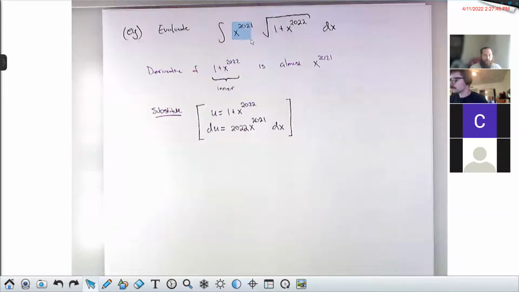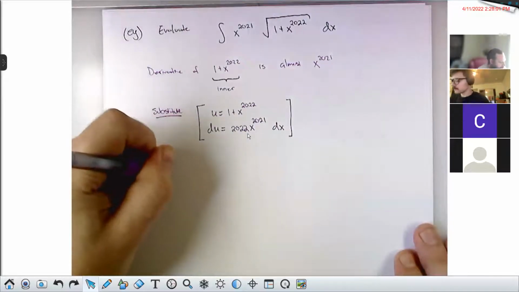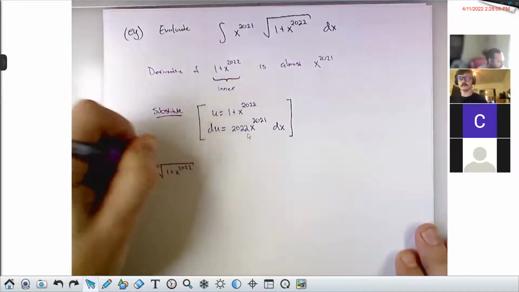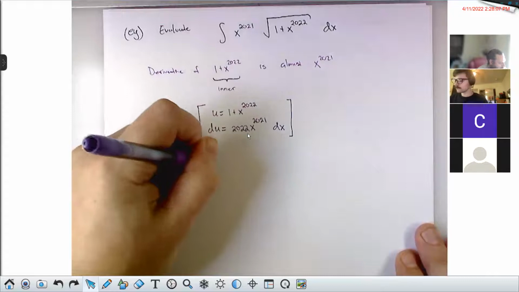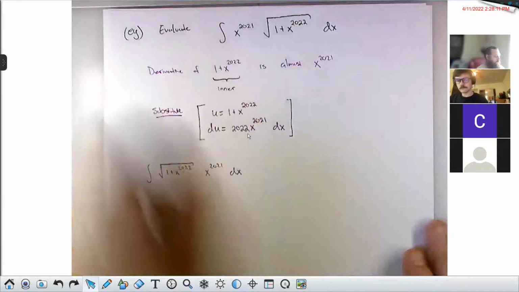I have an x to the 2021 and a dx here. What I don't have is the 2022 floating around in my integral. So what I can do is rewrite my original integral as the square root of 1 plus x to the 2022 times x to the 2021 dx.